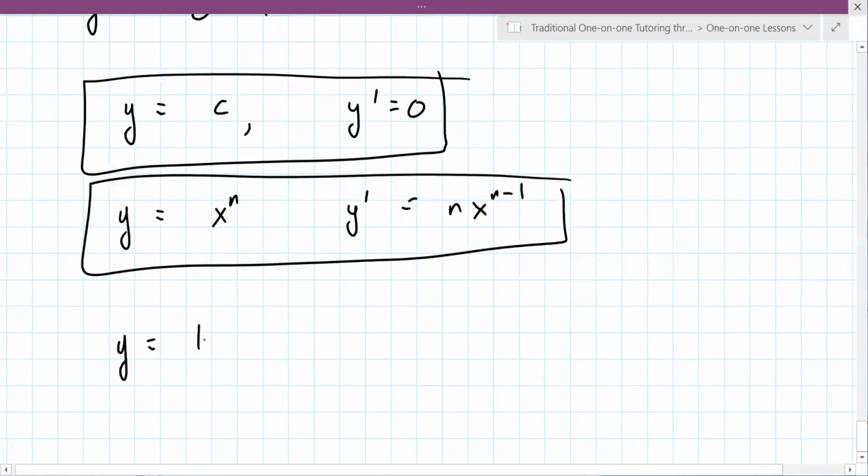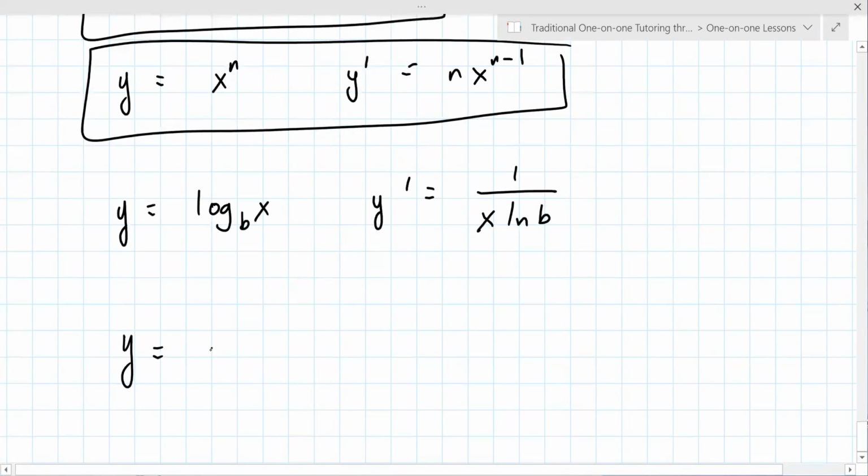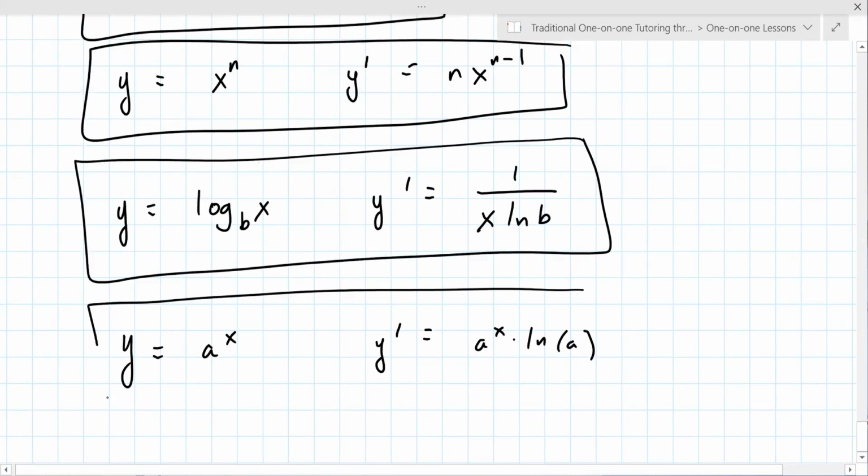If y equals log base b of x, y prime is 1 over x natural log of b. If y equals a to the x, y prime is a to the x times the natural log of a. So we've just added 2 more rules this week. That's all we're doing here.